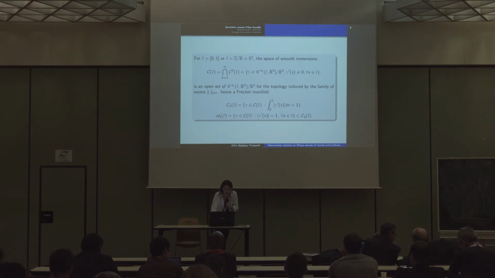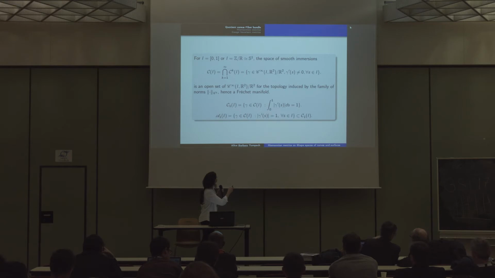Well, this is just the setting for shapes in the plane. So you have the interval 0, 1, or the circle, and you embed it or you immerse it into R2, and you're interested in smooth immersions.